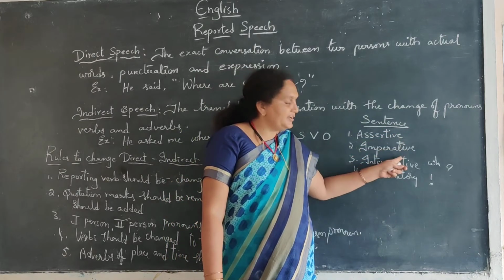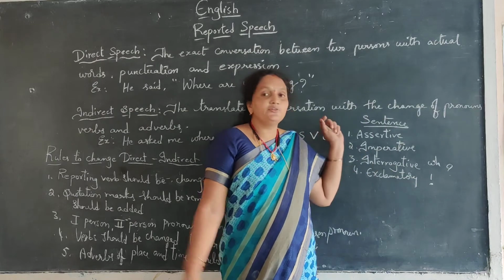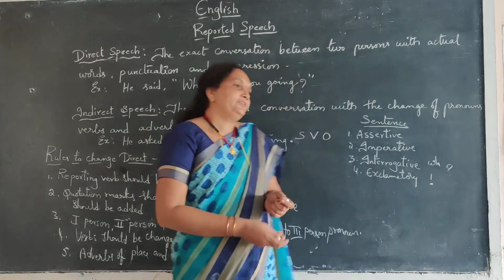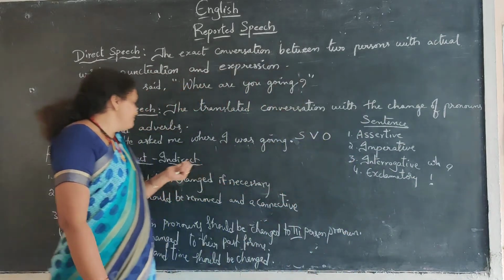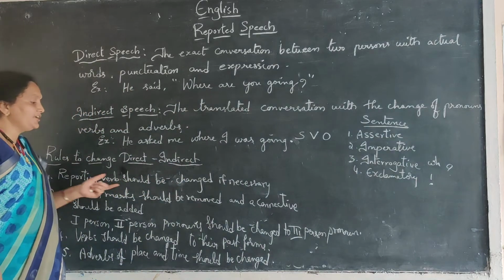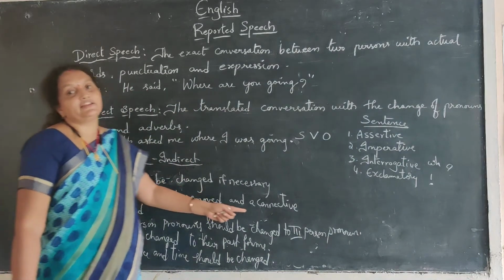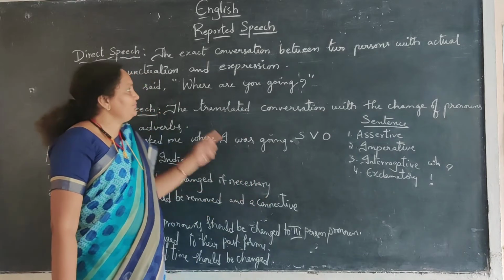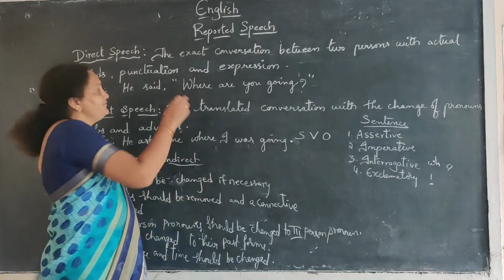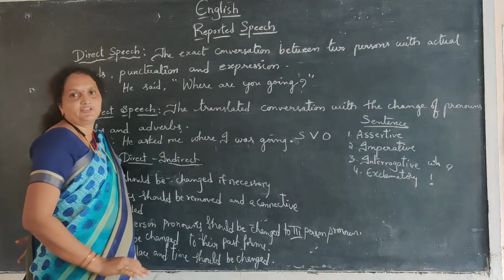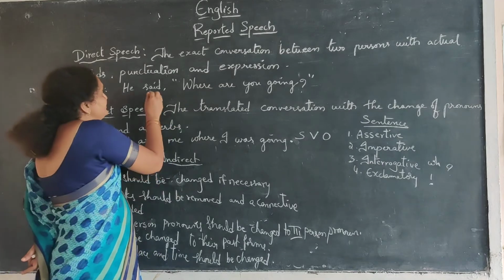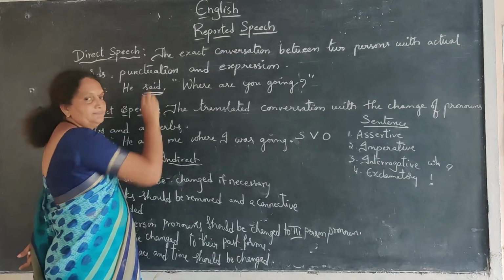So these are very important to learn before you learn reported speech. Let us see the first rule. A reporting verb should be changed if necessary. Do you know what a reporting verb is? Here one example was given. This is the reporting verb.